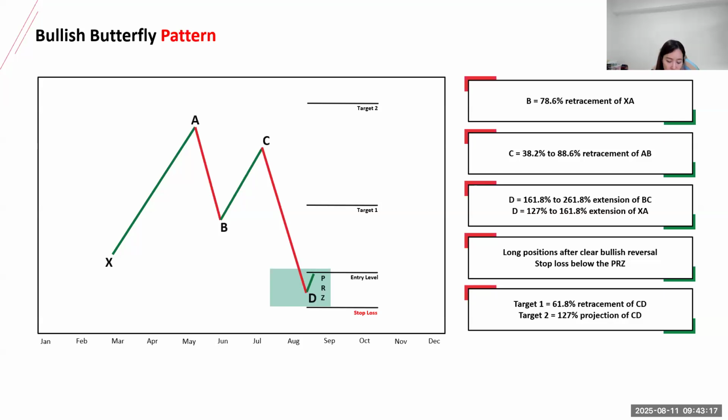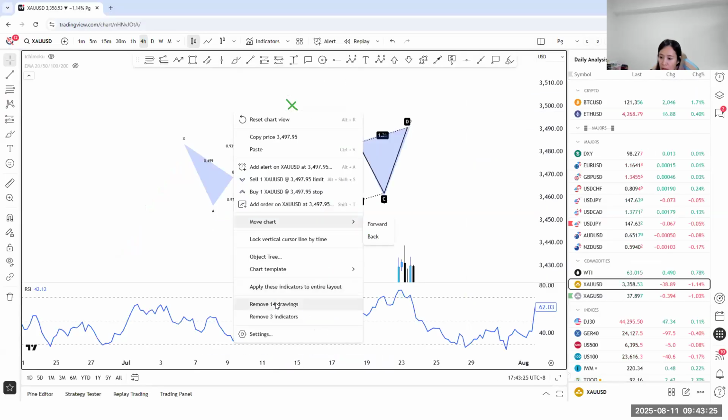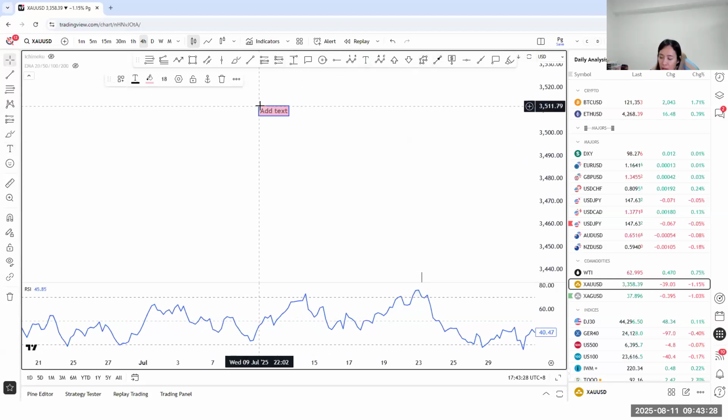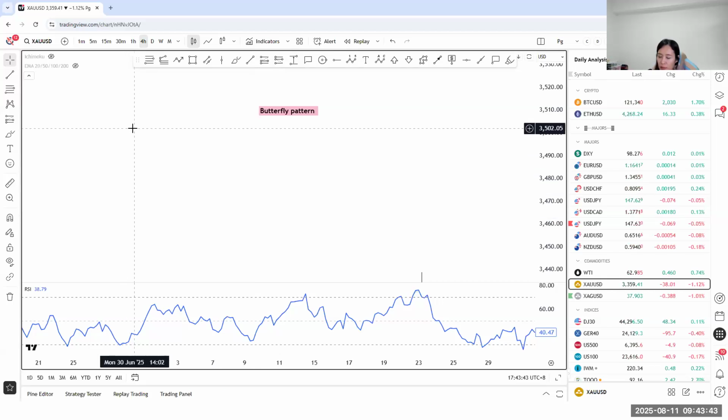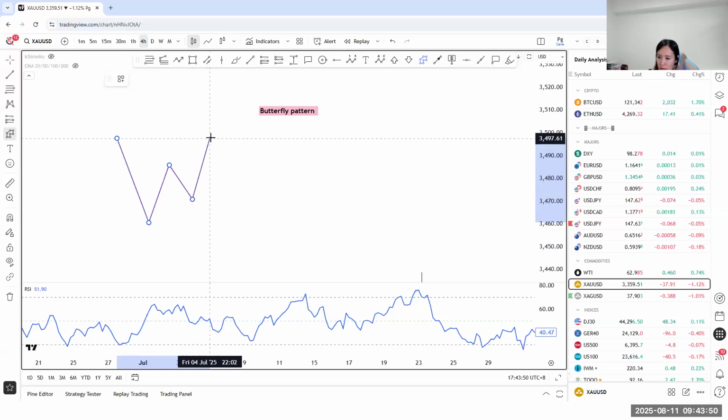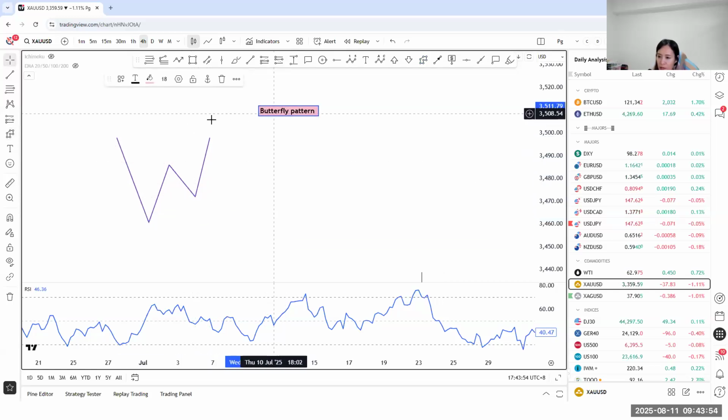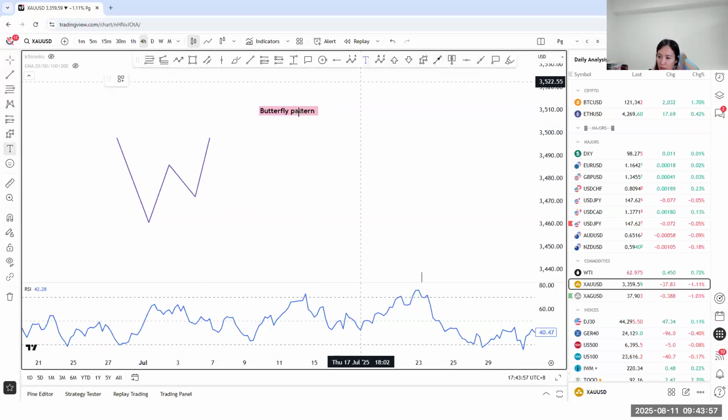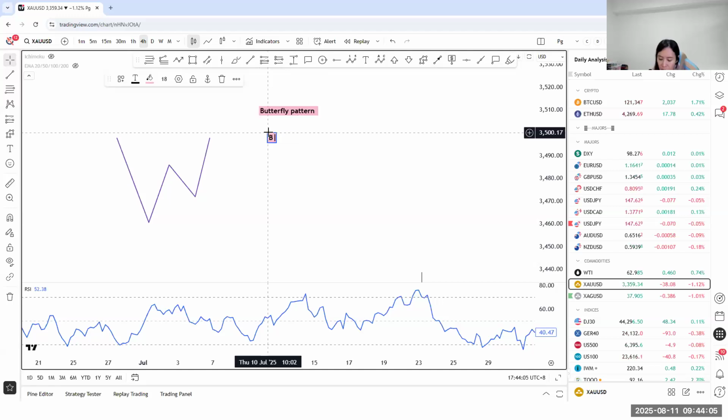So now, let me go on to this. Remember just now, they said the butterfly pattern, X A B C D. They would say that B, I put here, B retraces 78.6%.